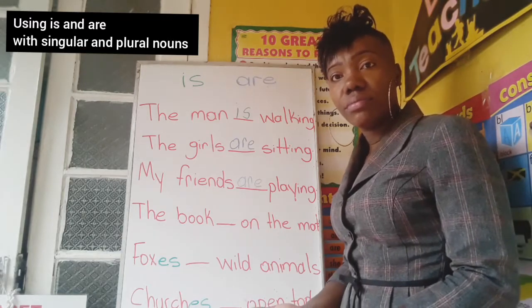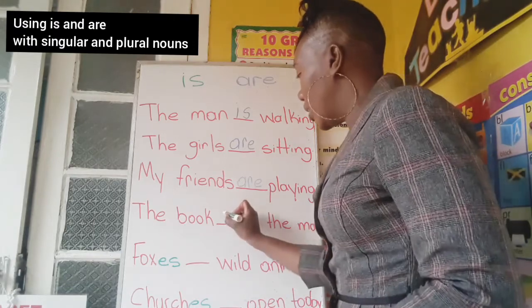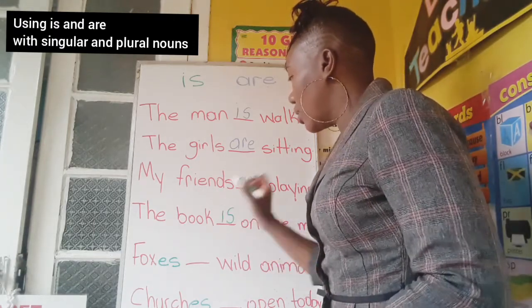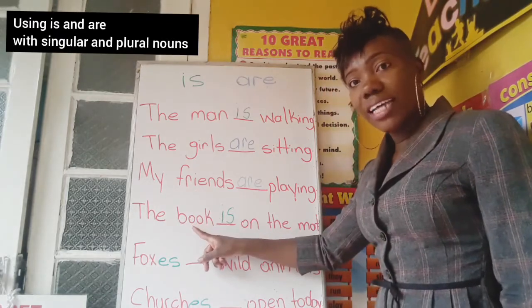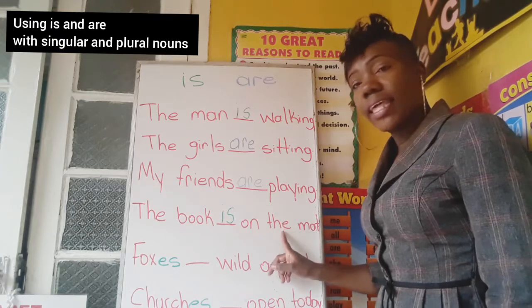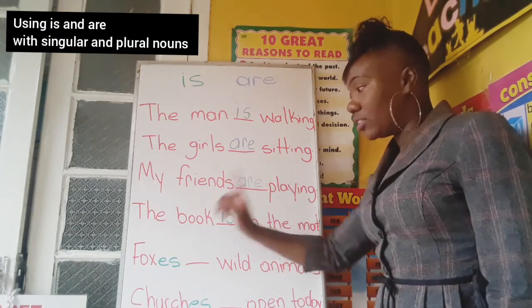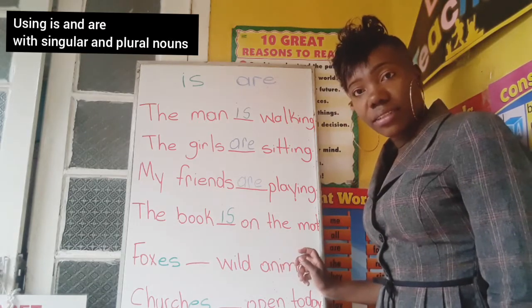Which one? Very good. Is. The book, because it's the book they're talking about, is on the mat. Talking about the book. And where's the book? It's on the mat.